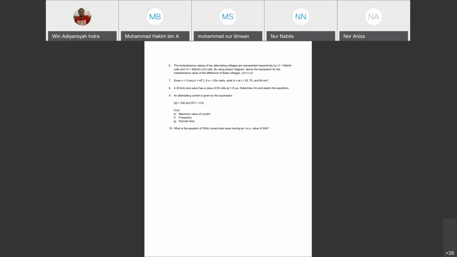Number 10: what is the equation of a sinusoidal current having an RMS, root mean square, value of 30 ampere?